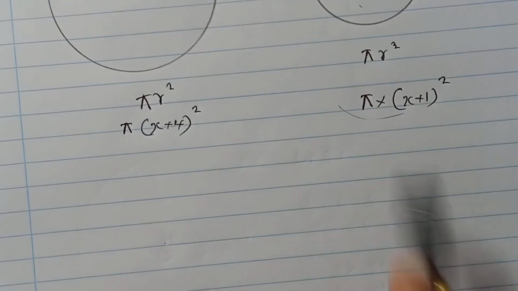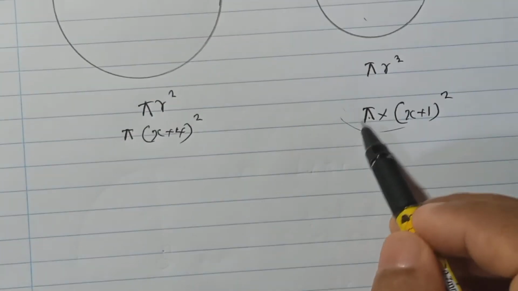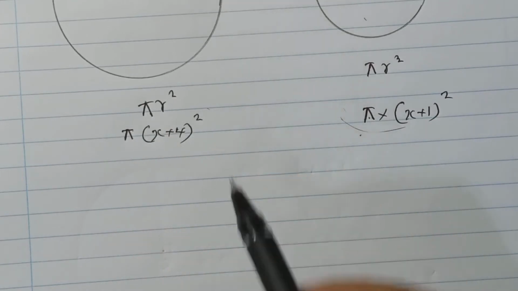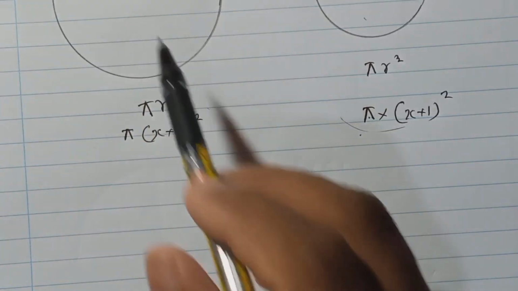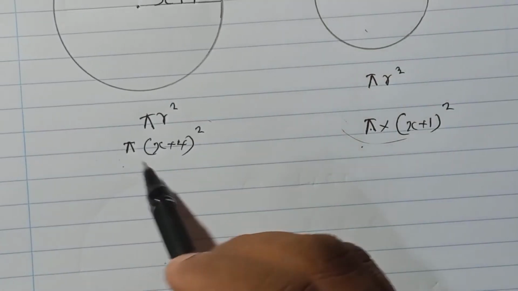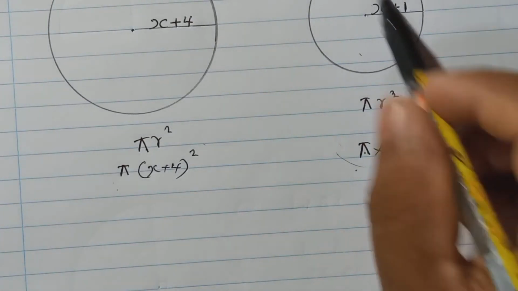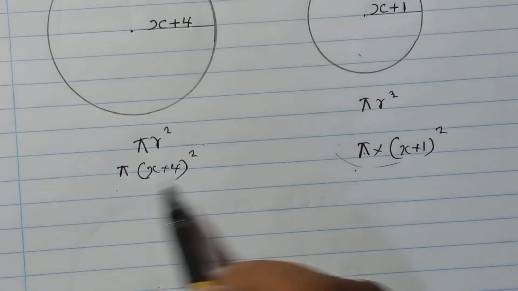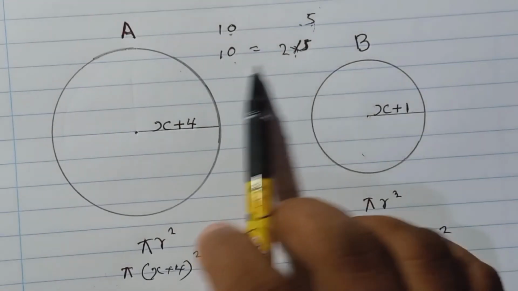Here also we need to multiply the area of B by 2, to make the equation equal to this one. Remember this example, because some think this is the bigger one, so it should be 2 here. No, this area, the small one, you need to multiply by 2 to make equal to this. Very simple idea. Keep in mind this example for that, right?